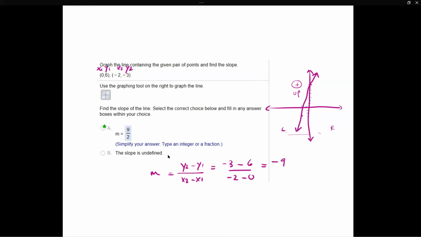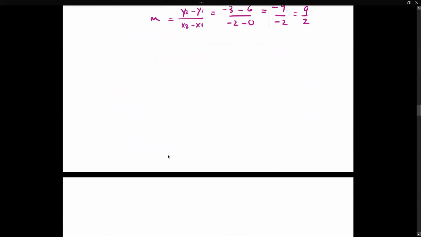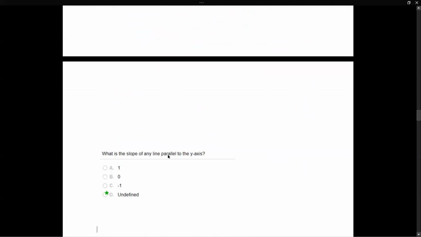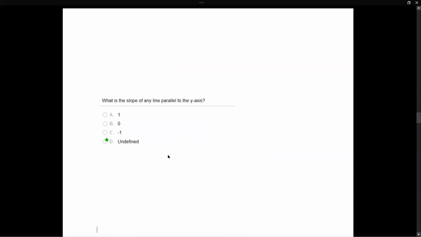All right, negative 9 over negative 2, 9/2, so 4.5. So we're trying to understand as well what's going on with the graph and the question to have a better understanding.